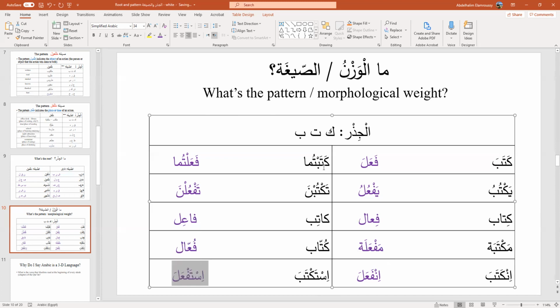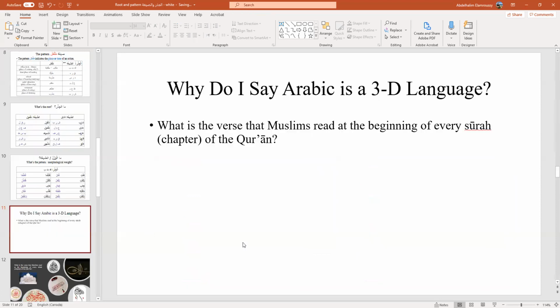Let's test. كتبتما فعلتما. تكتبن تفعلن. كاتب فاعل. كتاب فعال. استكتب استفعل. ممتاز.